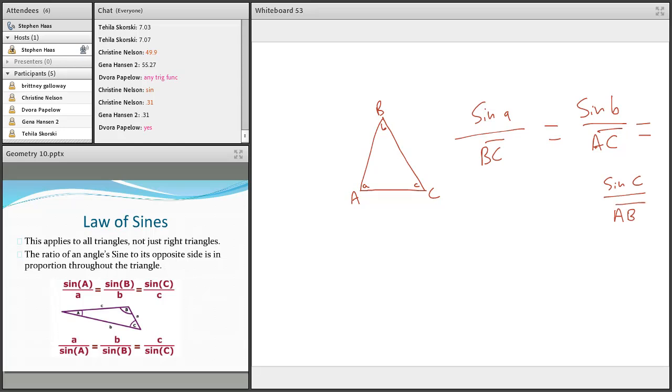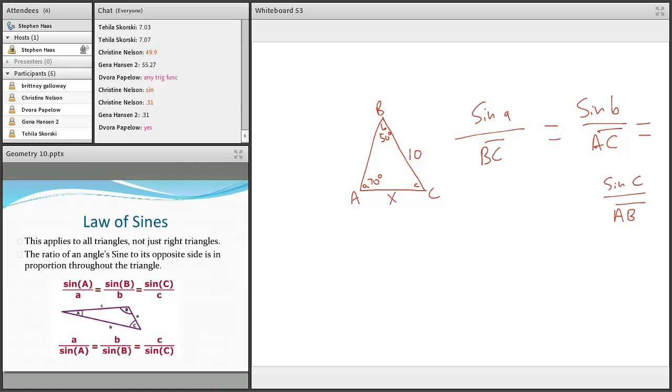So, for example, if I told you that this was, let's say, 70 degrees, and this was 10 inches, and I told you that this was 50 degrees, and I wanted to know how many inches is AC? Well, we could do this with a simple ratio.